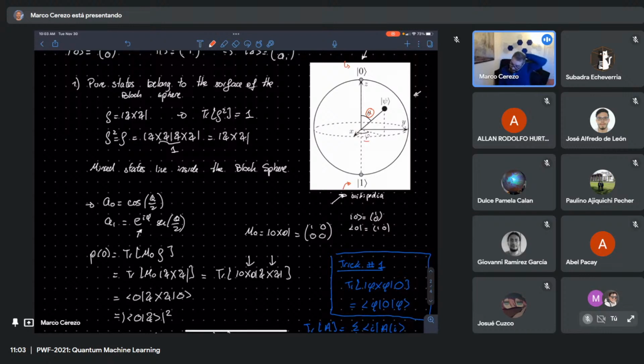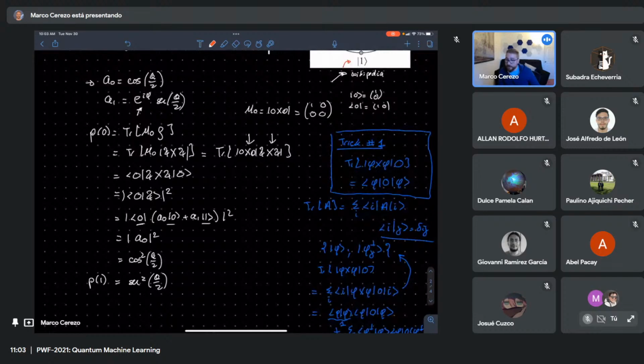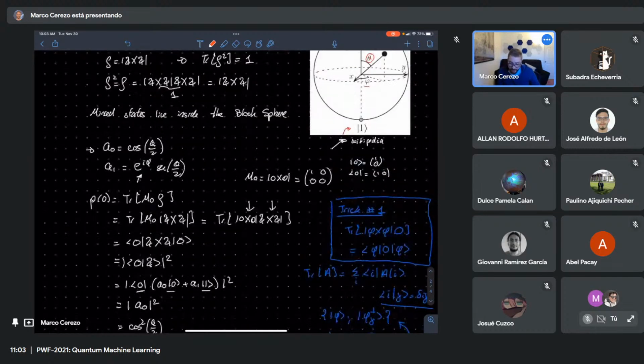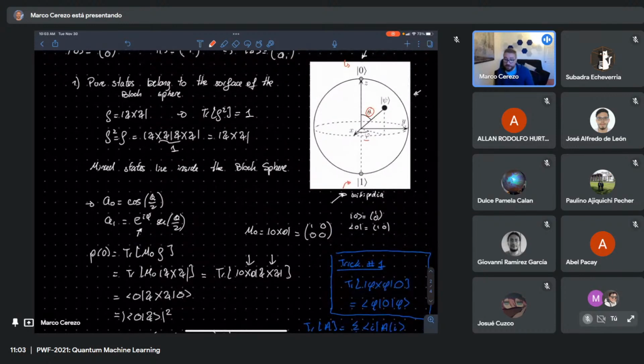So you can see that if I have a state with an angle that is smaller than pi over 2, then the cosine squared is going to be larger, because we're going to get here the cosine squared of pi over 4. And that means that I'm going to have a larger probability of getting the 0 outcome. And this is, again, because my state, psi, lives in the northern hemisphere of the Bloch sphere.